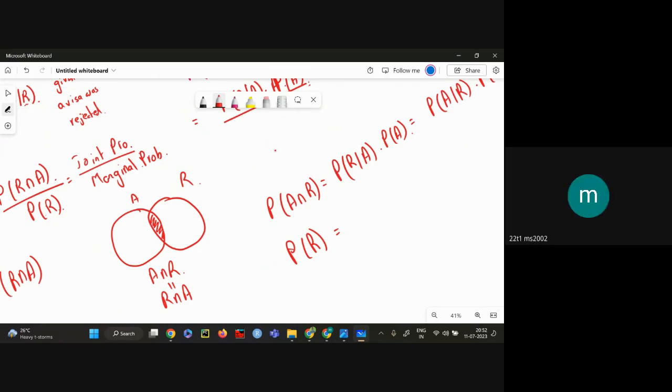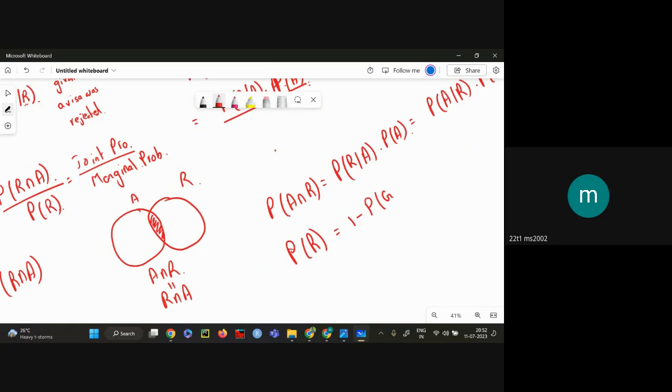For what? 0.7 into 0.65. No, tell me the formula. Don't tell me the numbers. Tell me the formula so that everyone can follow. What is the probability of rejection? 1 minus the probability of the visa being granted. And now we can calculate the probability of the visa being granted because that information is already given to us.